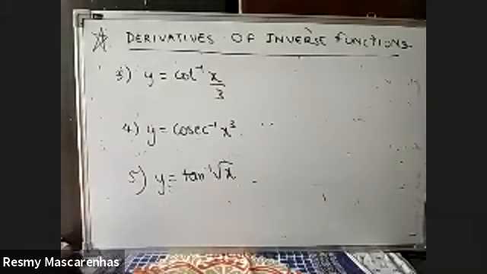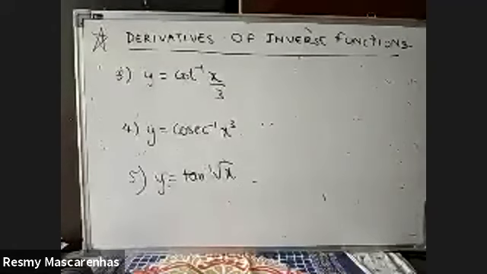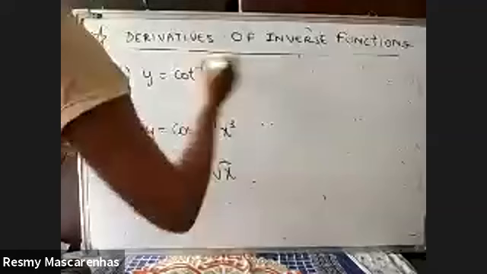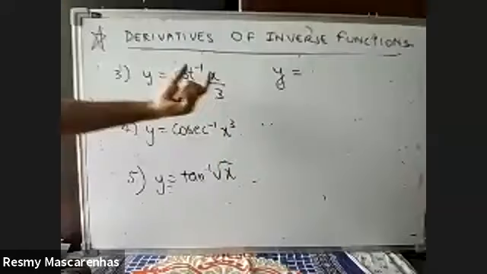Third one, anyone else solved? Fifth one is okay. The third one is minus 9 upon 9 plus x squared. Yes, but I think you have not taken the extra derivative of x upon 3. Okay. Wait, I'll try. Just see. So this will be the third one. Instead of x, x upon 3 is there.